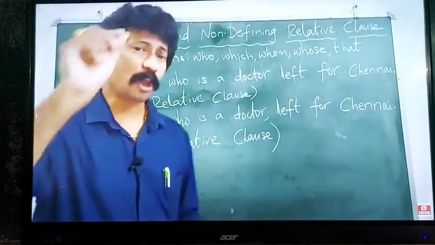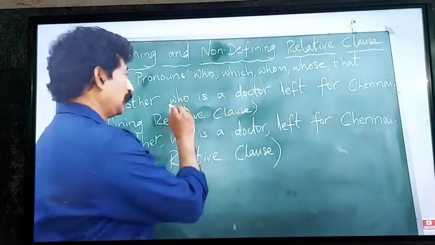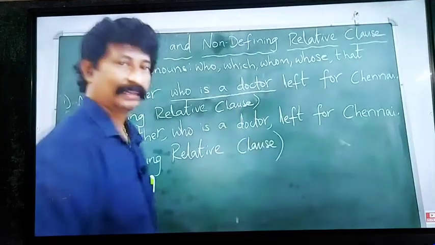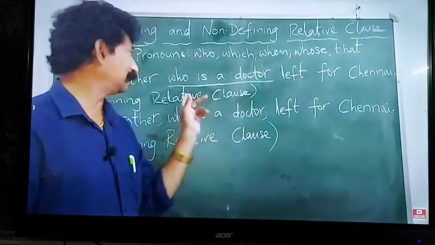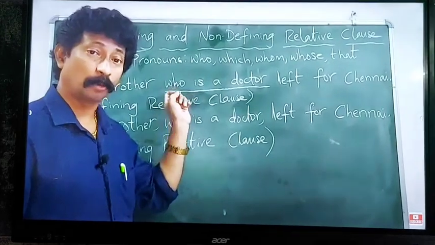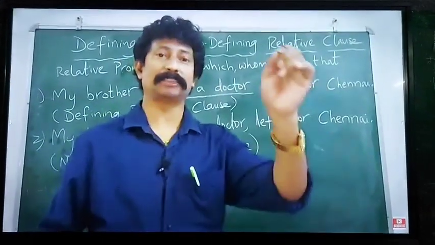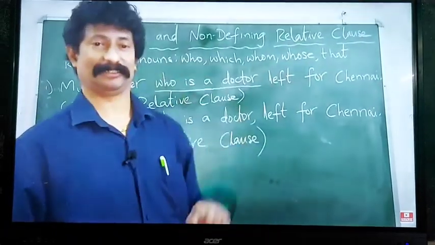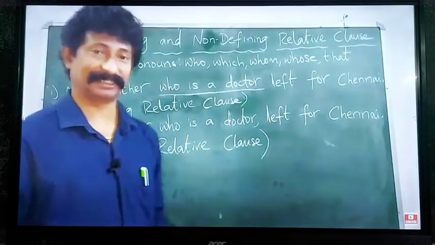However, I am just talking about one particular brother who is a doctor. Here, who is a doctor is a relative clause. This relative clause begins with the relative pronoun who. Here, I am particularly talking about one brother who is a doctor. Understood? So this is called defining clause.